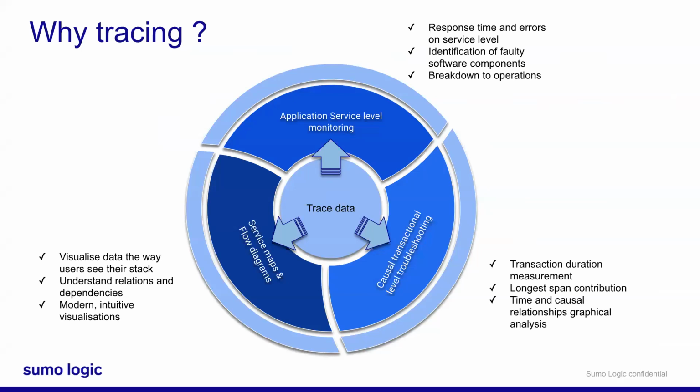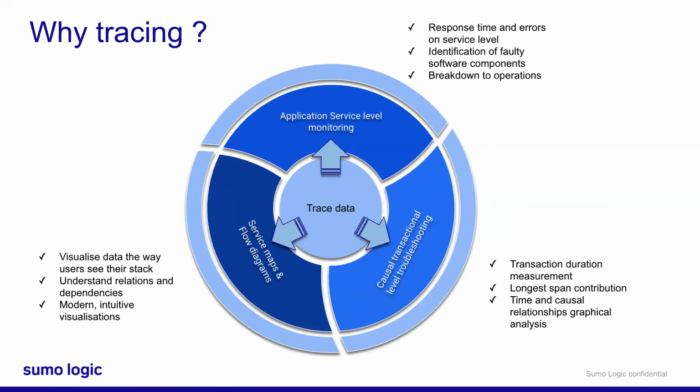So why tracing? Tracing helps you with understanding your application service levels, like your response times and errors, identifying faulty components within your application, as well as understanding the breakdown of your applications. Transaction level troubleshooting helps you to understand the transaction durations.